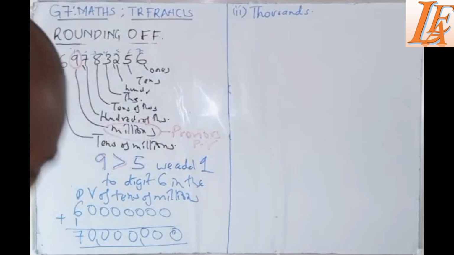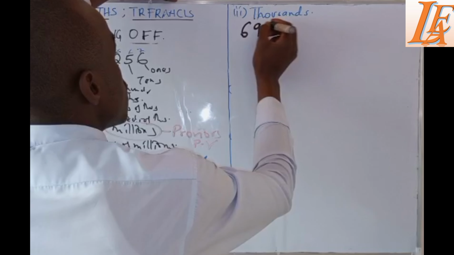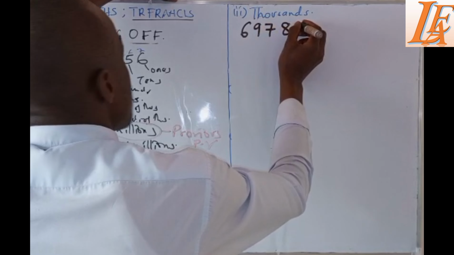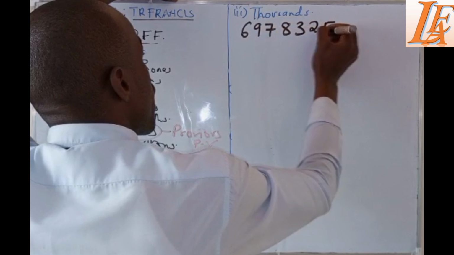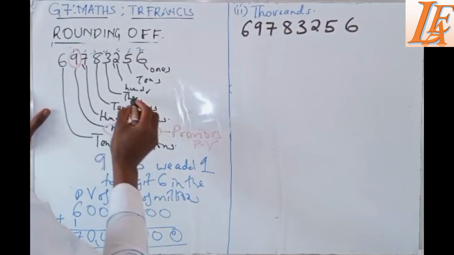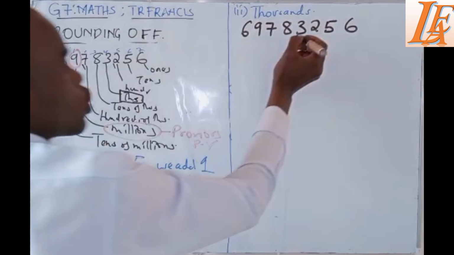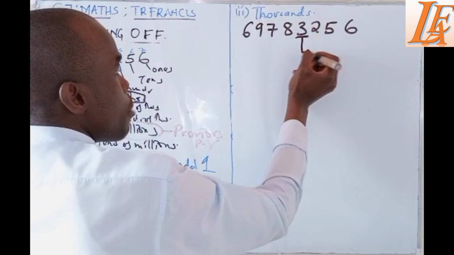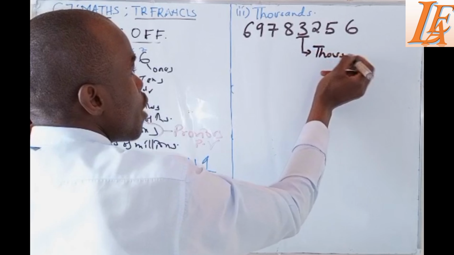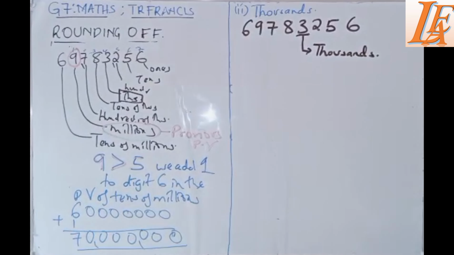But again, we write the number as 6, 9, 7, 8, 3, 2, 5, 6. The number in the place value of thousands, this one here, is 3. So 3 is the digit in the place value of thousands.